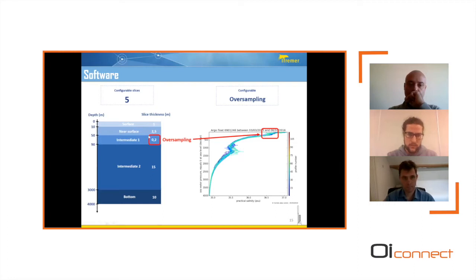So basically, there will be an oversampling between 50 and 90 meters, because where we plan to deploy the floats, there was previously a deep float on the same area, and it recorded, for example, high gradients of salinity on that thickness. But the user is able to change those parameters over all the lifetime of the float. So we will be able to oversample other areas.